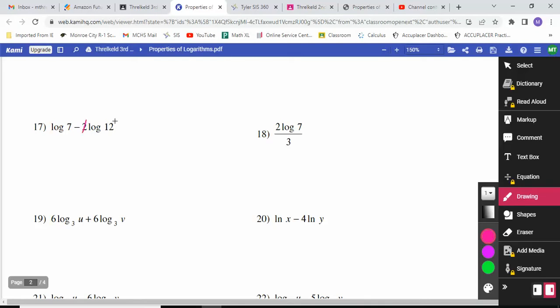It's the exponent, and that's just the exponent on the 12. So when I condense, I only want one log written. 7 over, since it was subtracted, it'd be over the 12 squared. So it's log 7 over 12 squared.